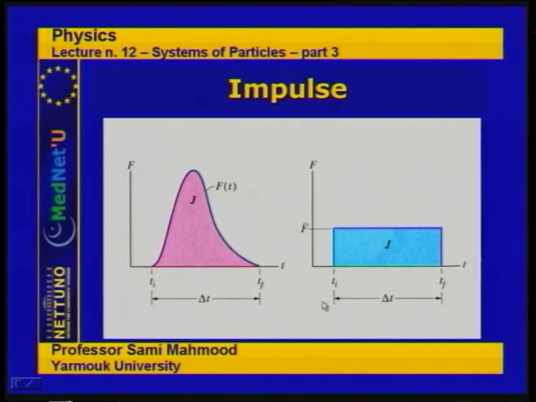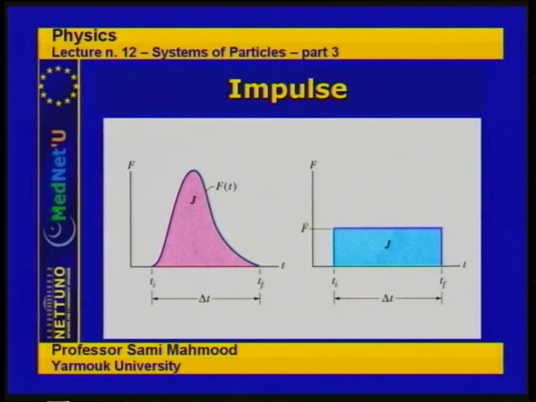Now, the time of interaction between the two objects is delta t, which is t final minus t initial, and the shaded area under the curve is what we call J, the impulse that is exerted on one object due to the force applied to it from the second object.